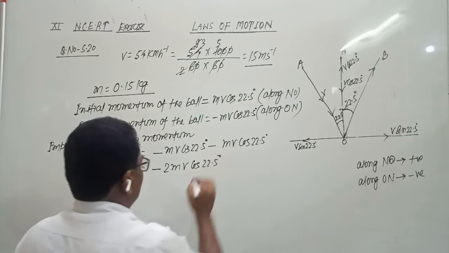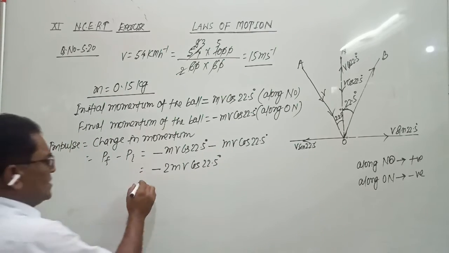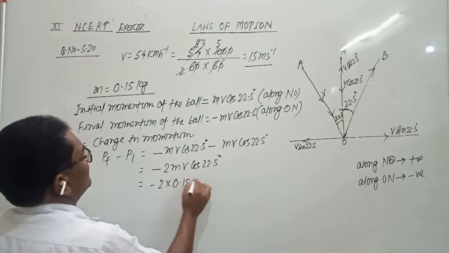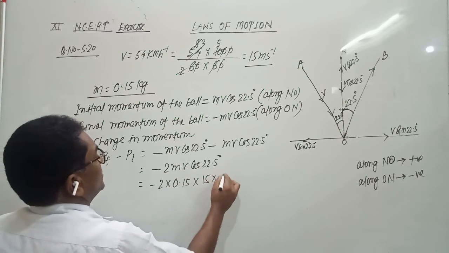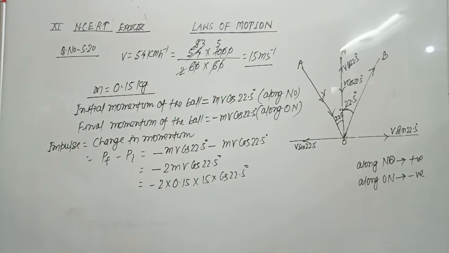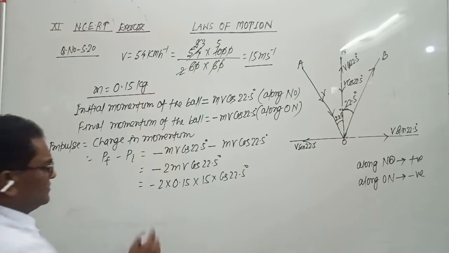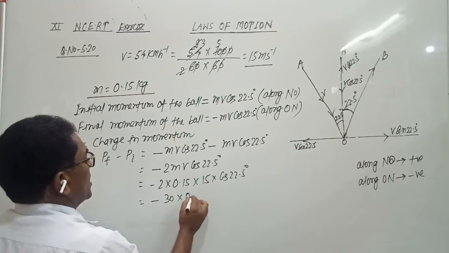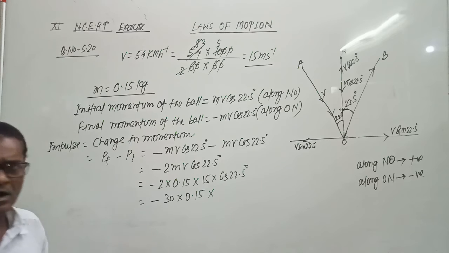Now we put the values of m and v. Mass is 0.15, velocity is 15, into cos 22.5 degree: minus 2 into 0.15 into 15 into cos 22.5, which is minus 30 into 0.15, and the value of cos 22.5 is 0.9239.